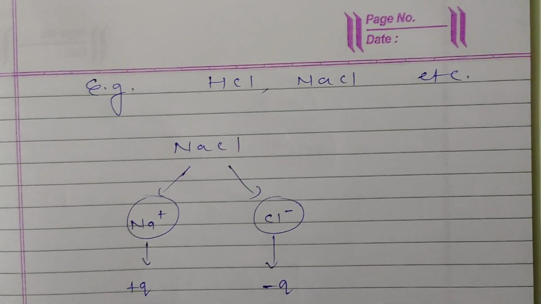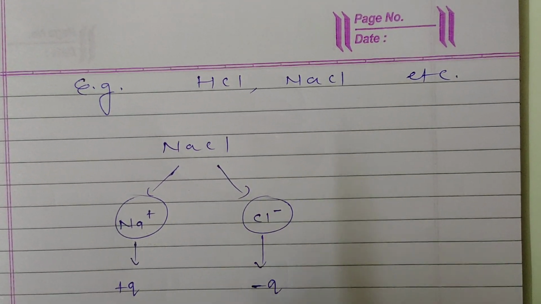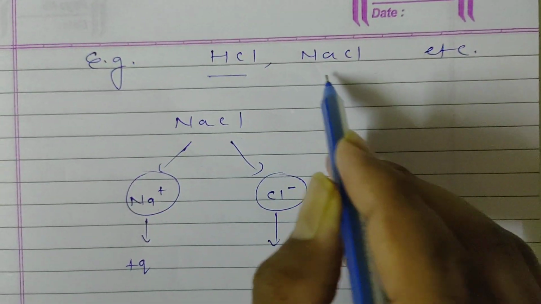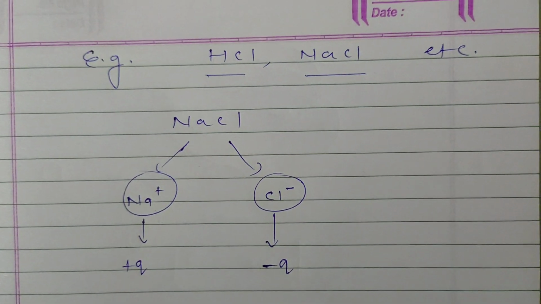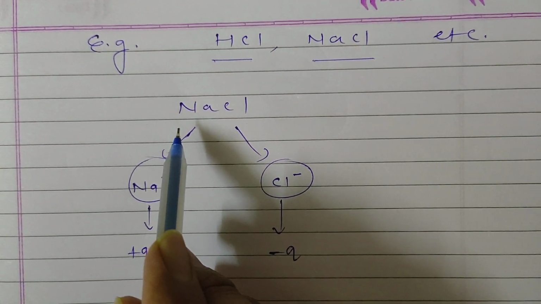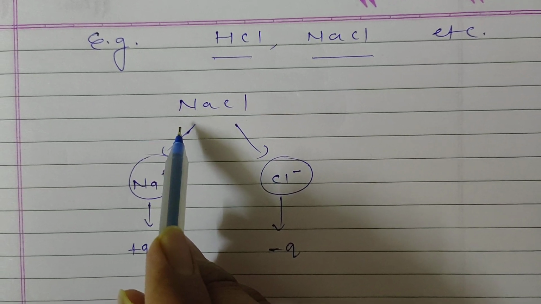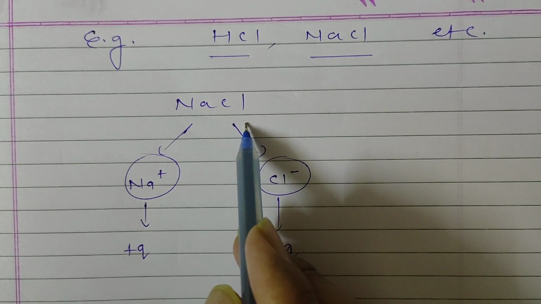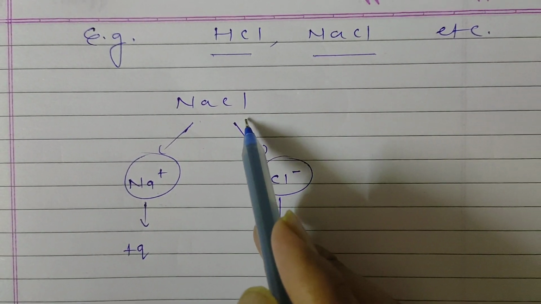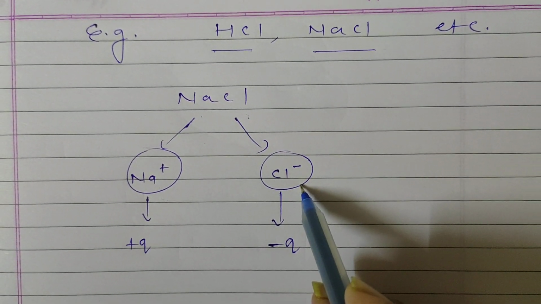And the example of electric dipole is HCl, NaCl, etc. How is it possible? So suppose we have sodium chloride, NaCl. In NaCl, Na is a positively charged ion and Cl is a negatively charged ion.